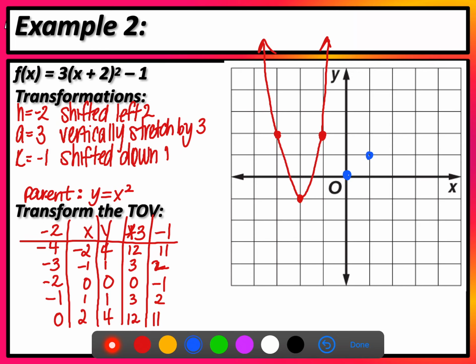Okay, and if the parent was here in blue, we can very clearly see that our graph is much skinnier because it's been stretched so much that these top 2 points are not even on my graph anymore. Okay, it's moved to the left 2 and down 1, which is what we had said in our transformation section. Okay, so our graph matches what we found algebraically.